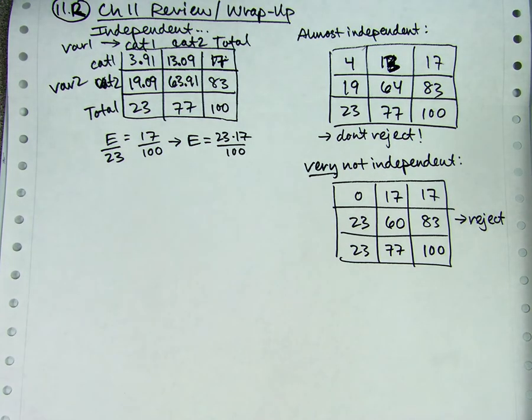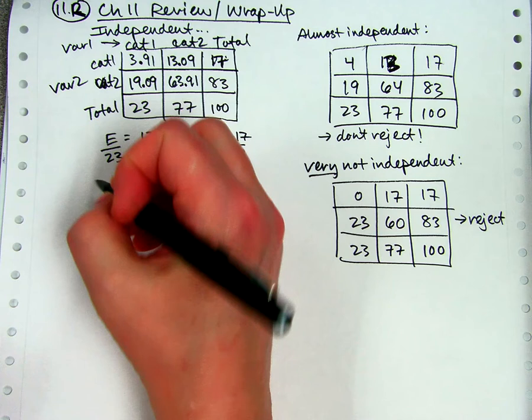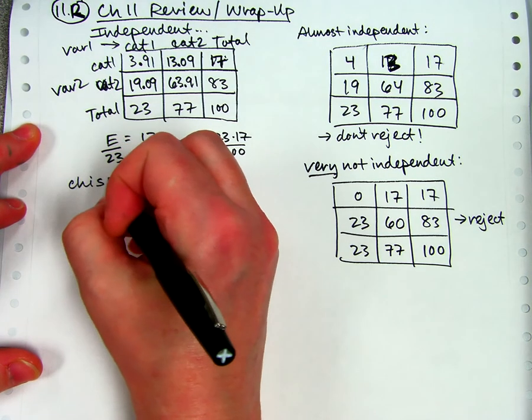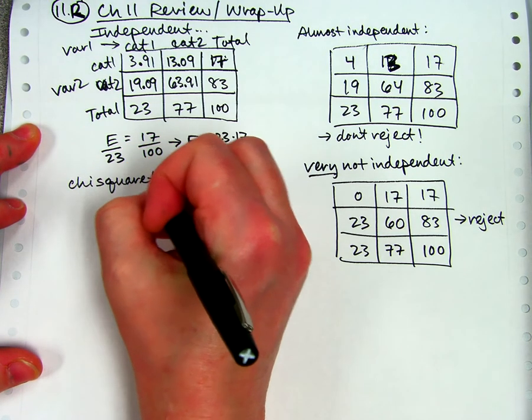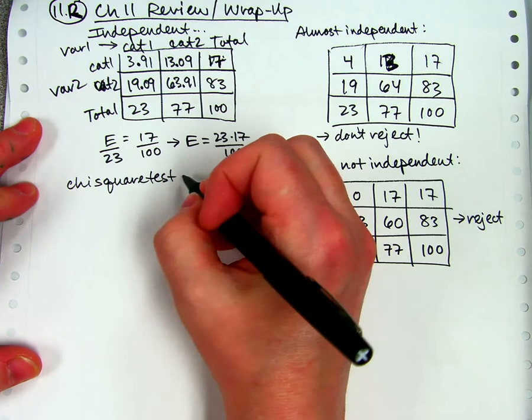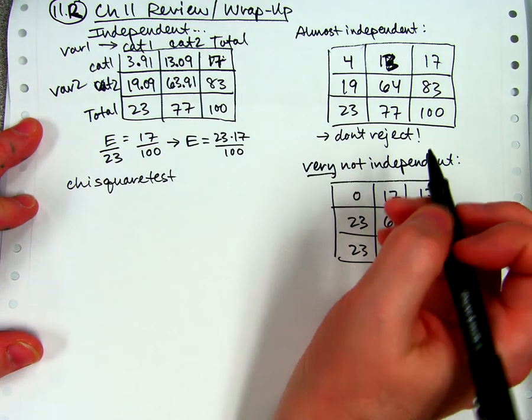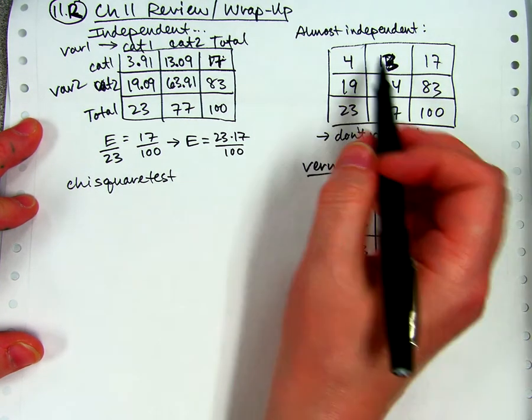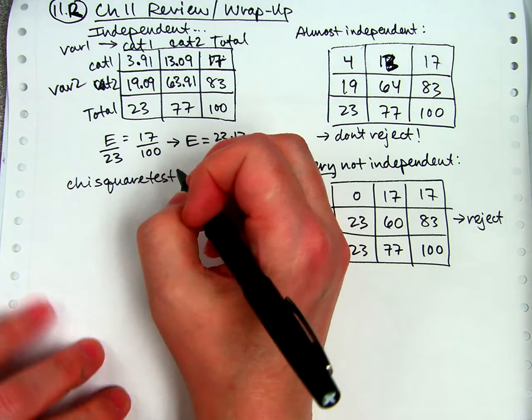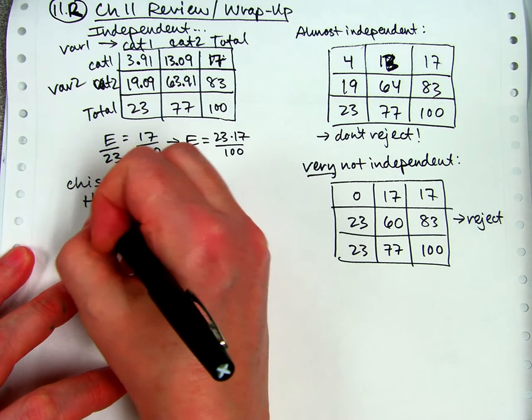So the whole point of a chi-square test is that it is supposed to tell us how weird or how off our data is.